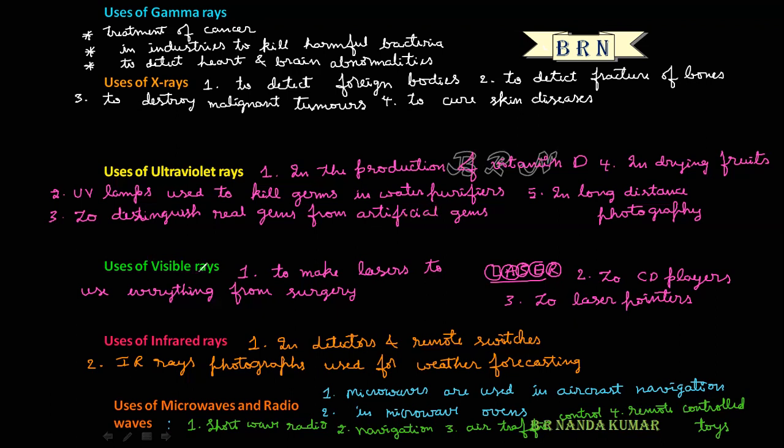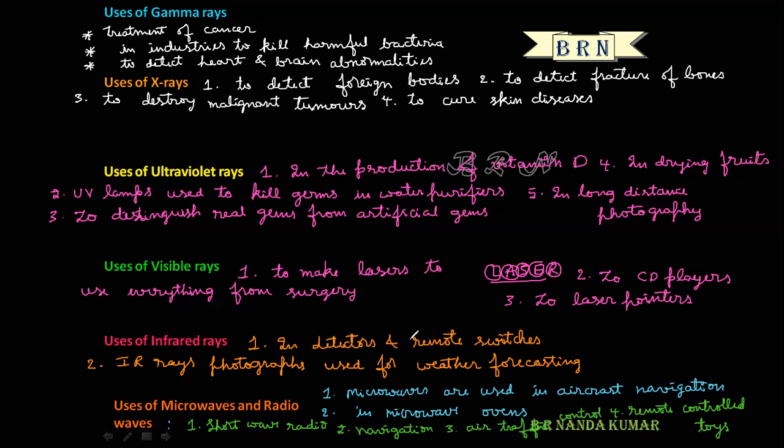Visible rays are used to make lasers, used in everything from surgery to CD players, laser printers, and laser pointers. What are the uses of infrared rays? Used in detectors, remote switches, and IR photographs for weather forecasting.